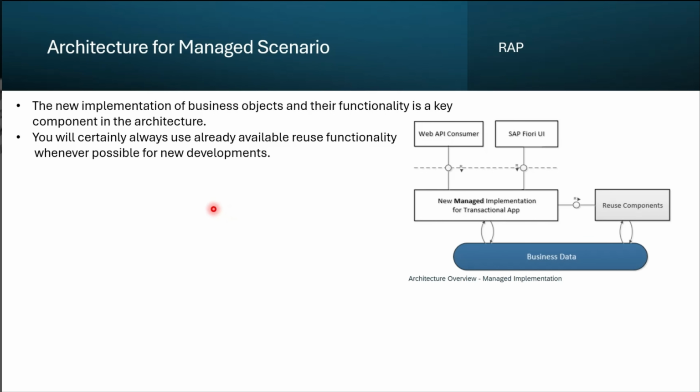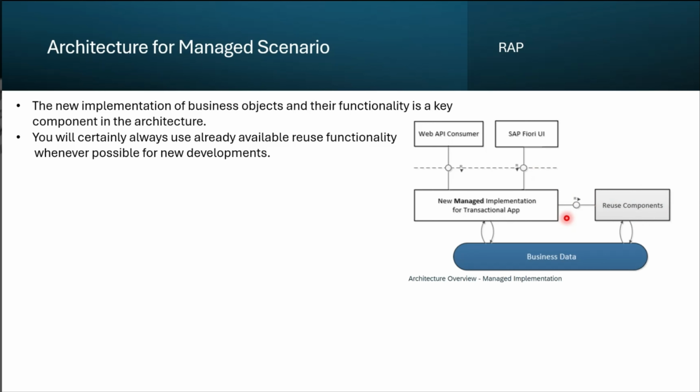Now coming to the architecture for the managed scenario, this is the architecture where you have the business data, and this is the new managed implementation for the transactional app. You can consume it as a web API or the Fiori app. So even in the managed implementation, you can have some reuse components.